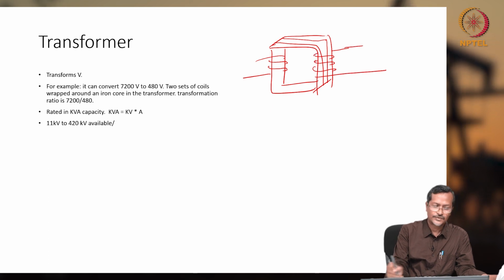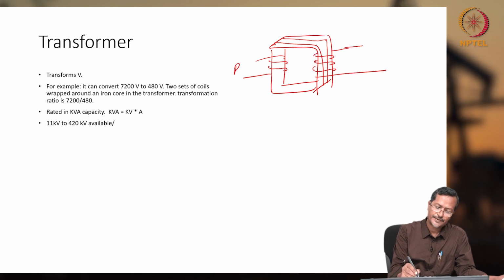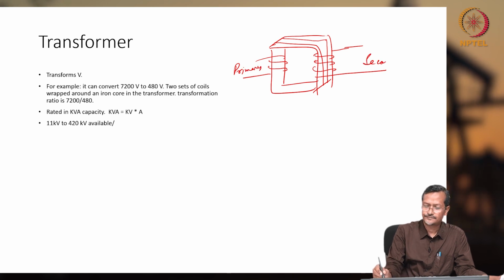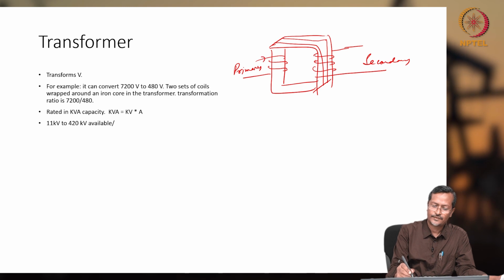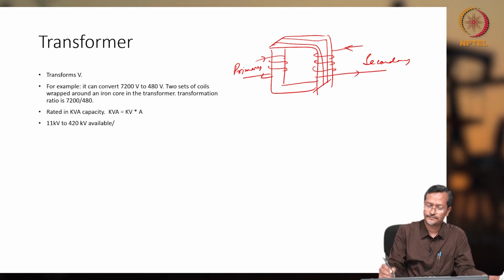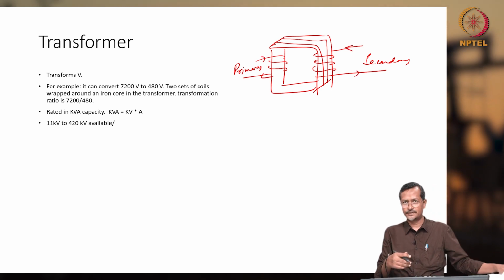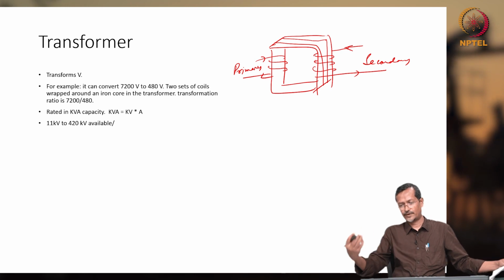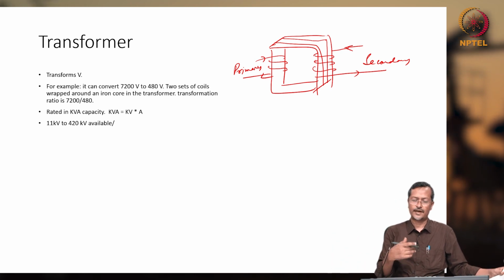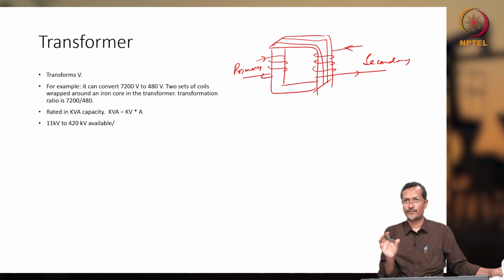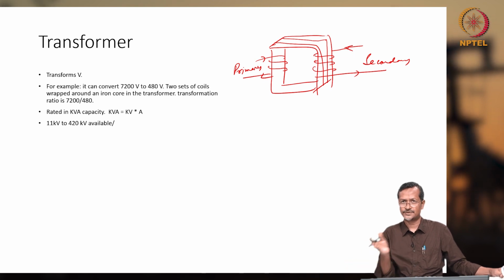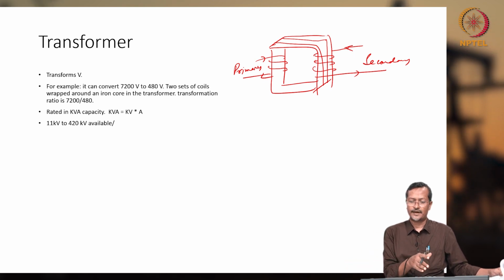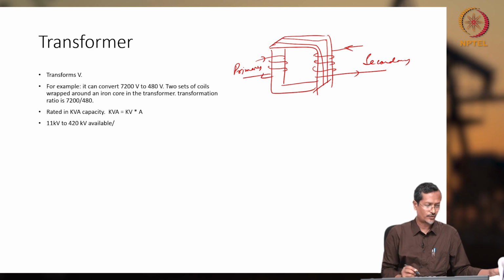Okay. So, the left side is called primary, this is called secondary. Primary will be the supply voltage, secondary will be whatever voltage you are taking. That voltage conversion is based on your number of turns, how many turns you have in the secondary, how many turns you have in the primary, and inside this is a magnetic core.